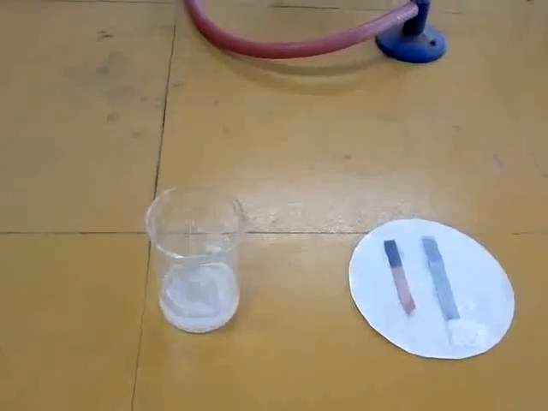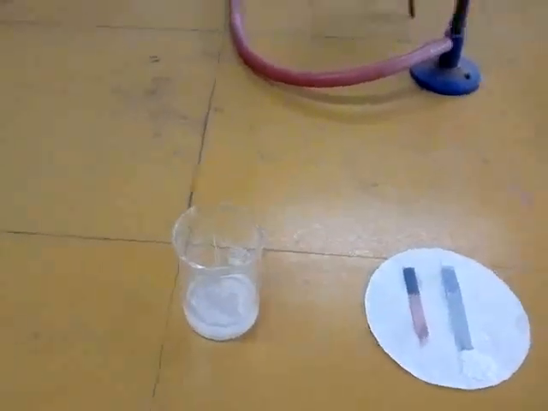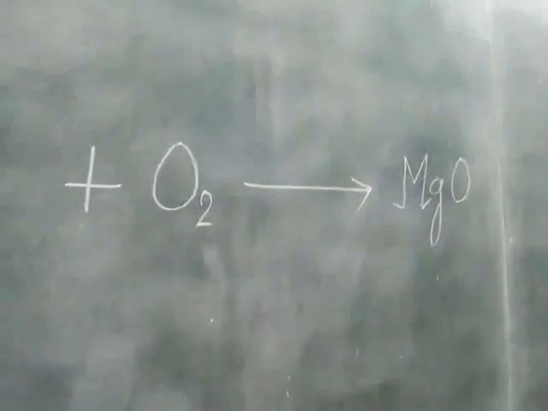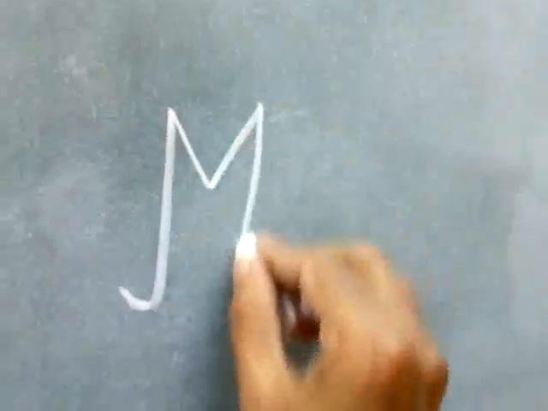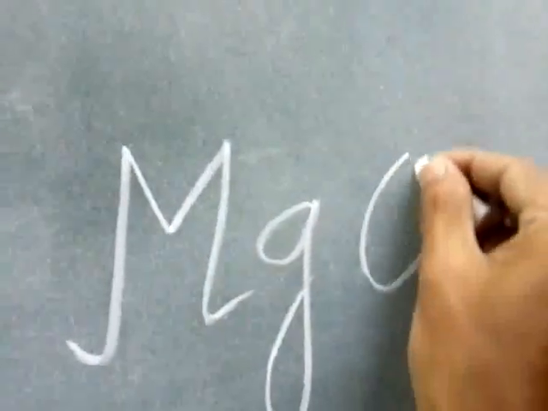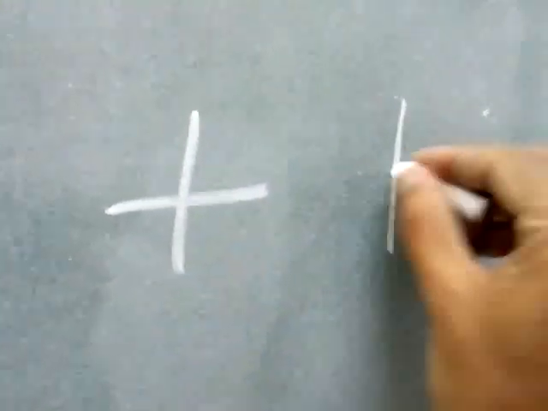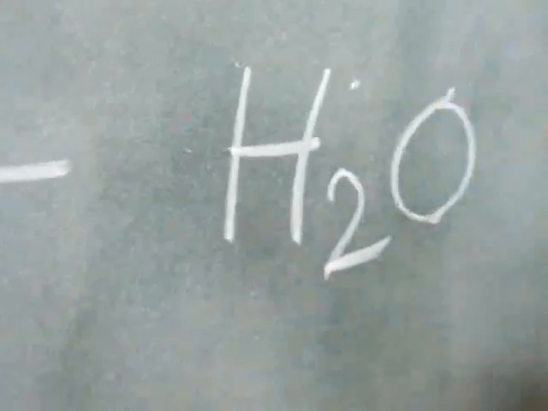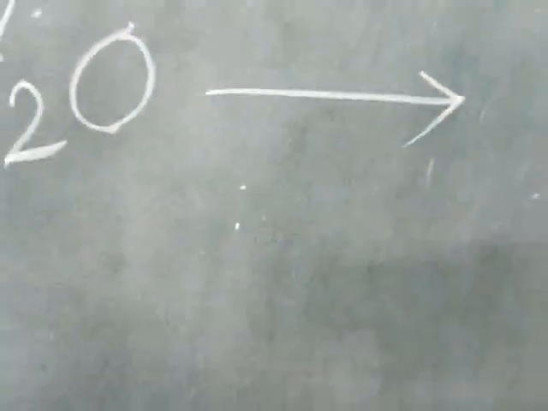In this activity we got two new substances. One is magnesium oxide and other is magnesium hydroxide. The equation is, when we dissolved the magnesium oxide in water, it gives a new substance called magnesium hydroxide, which is basic in nature.